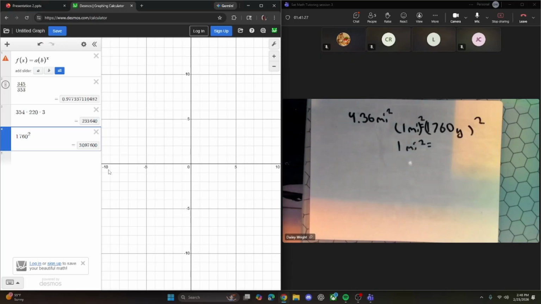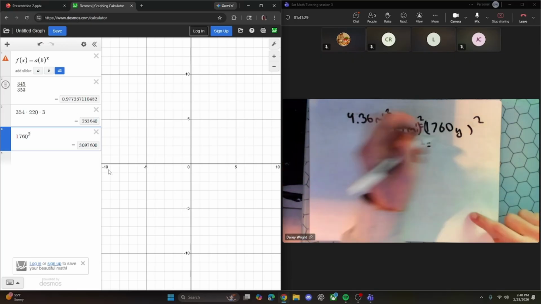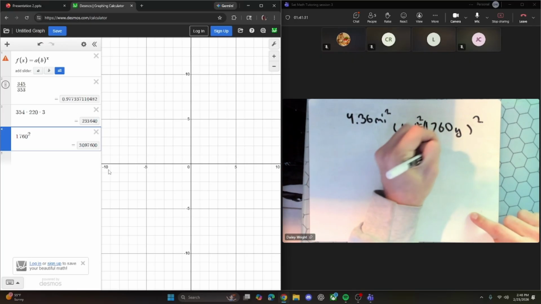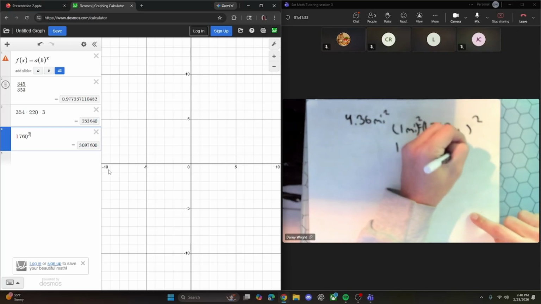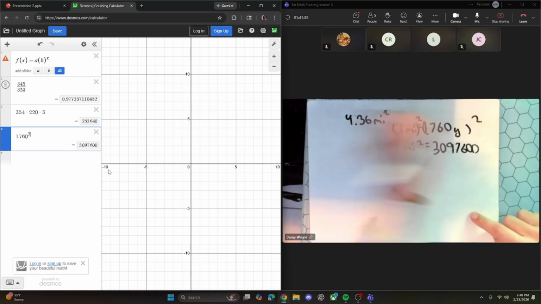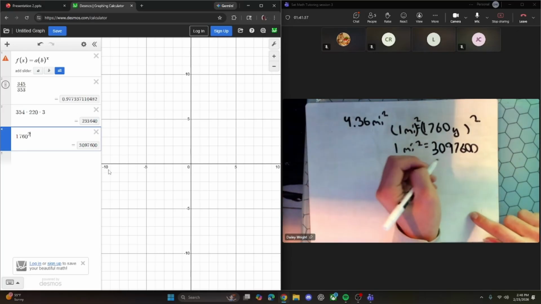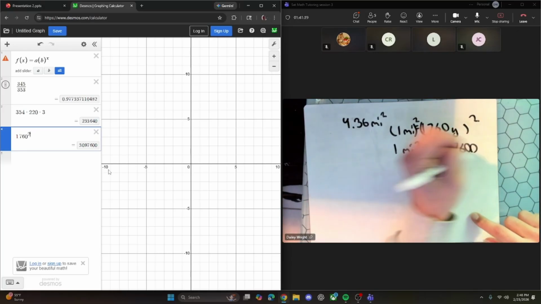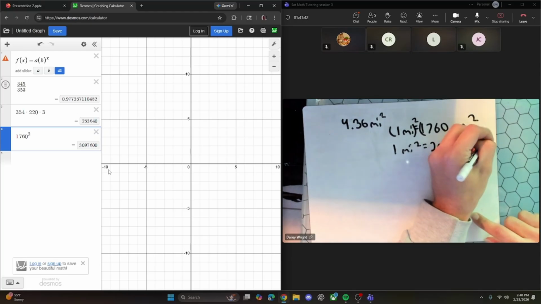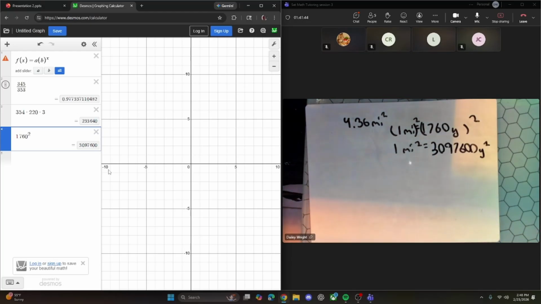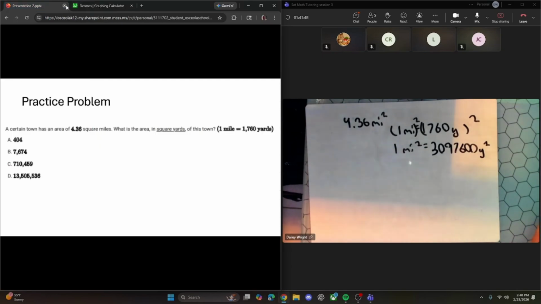I mean, I could do this in my head. I mean, maybe. And then we would get 3,097,600 yards squared. So 1 square mile equals 3 million and change square yards.